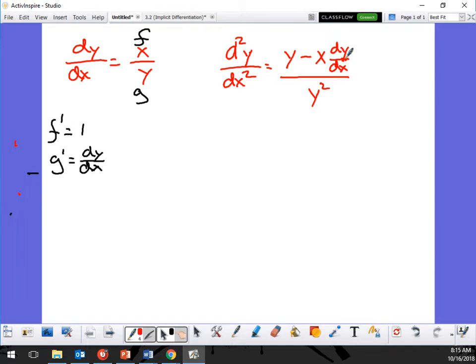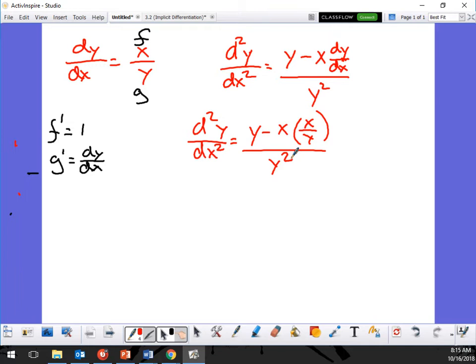So I could actually have just one function of just my second derivative. So now it's going to turn into d squared y over dx squared is equal to y minus x times x over y, all over y squared. So now I have replaced my dy dx with the first derivative by plugging that in.